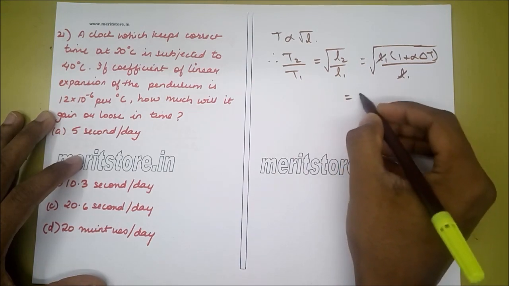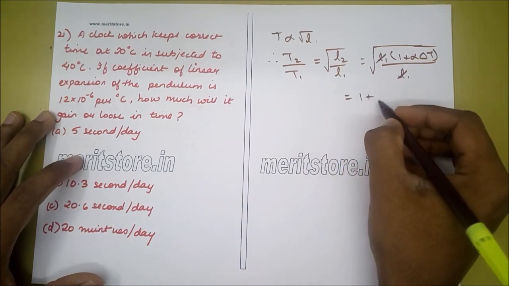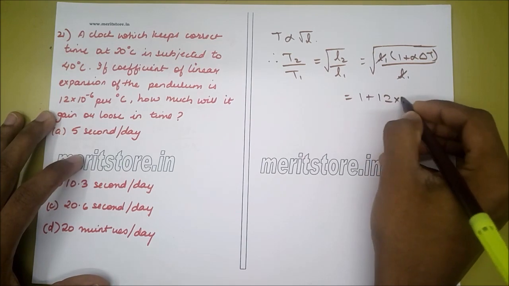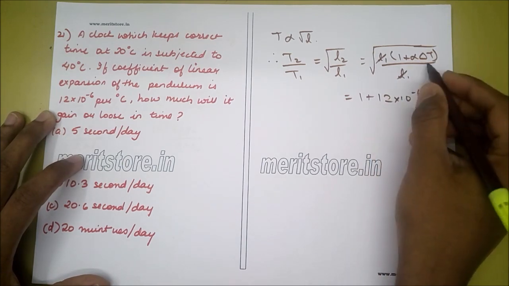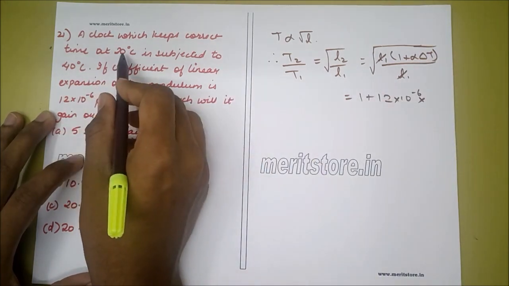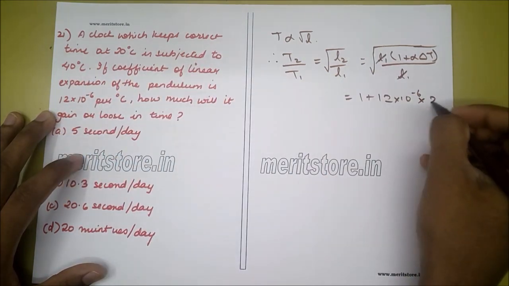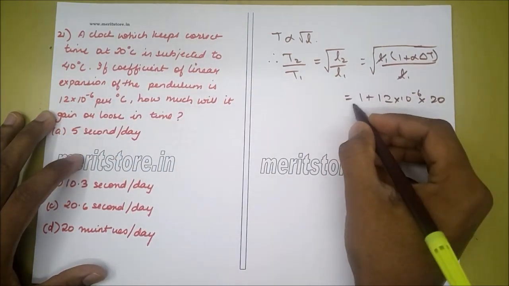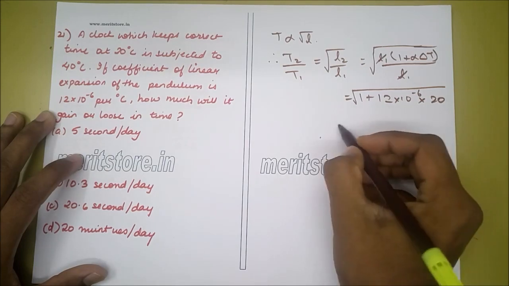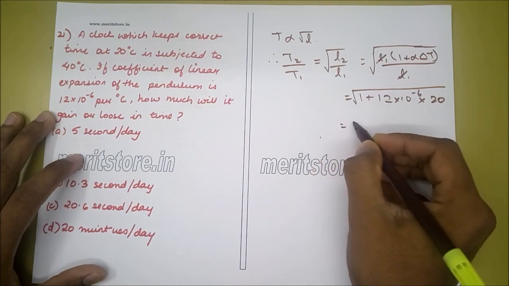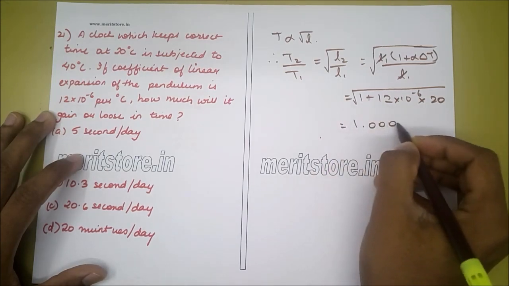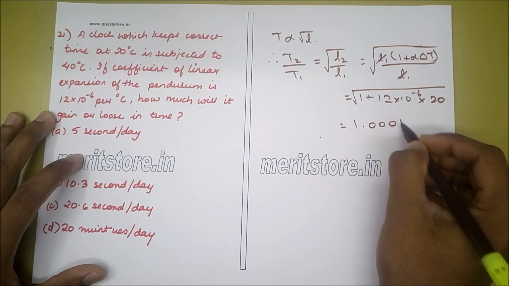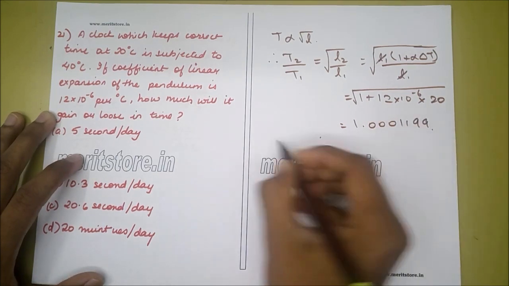So what we are left with is 1 plus alpha, which is given as 12 into 10 raised to minus 6, times change in temperature. There is 40 minus 20, so that is 20. This is under the root. So the value of this comes out around 1.00011199.